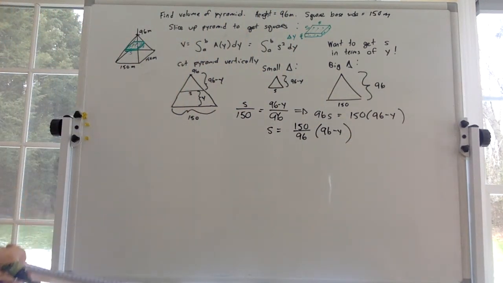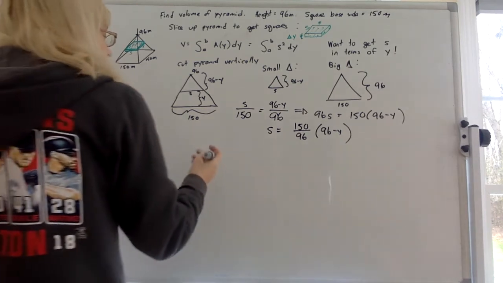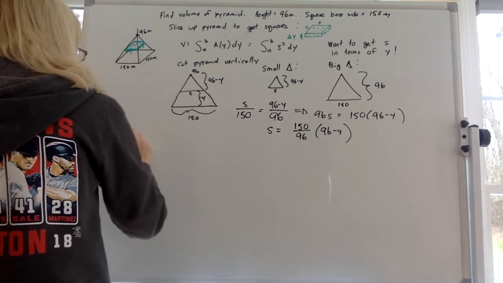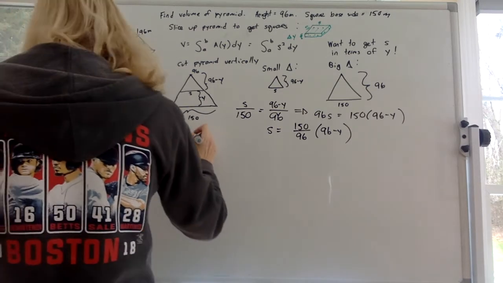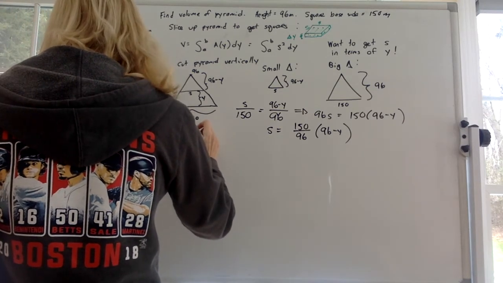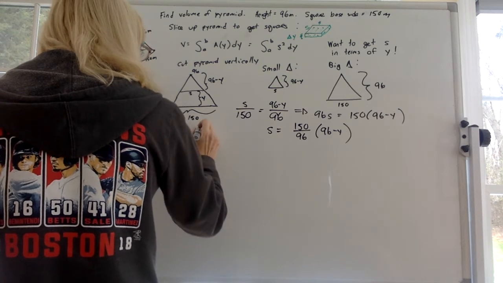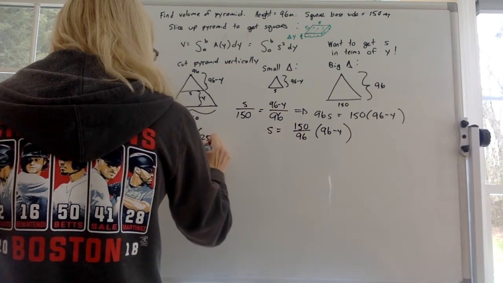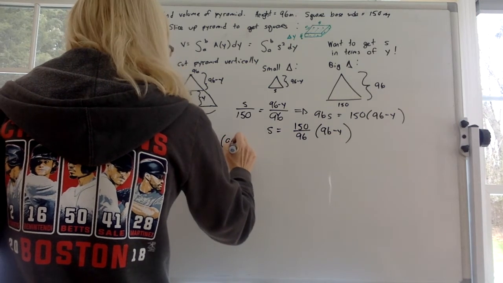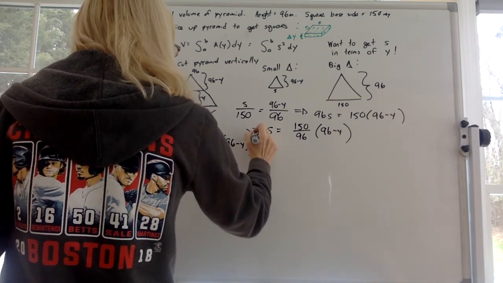So now, what does that mean? We've got S. Can we find the area? The area of a particular slice is equal to S squared, which is equal to that thing squared. I reduced this fraction and got 25 over 16, times 96 minus y, the whole thing squared.